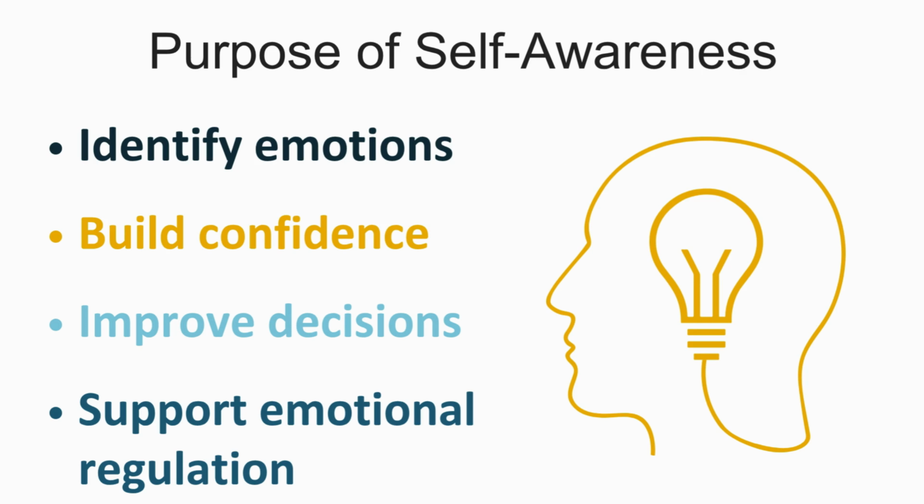So what's the purpose of it? You're able to identify emotions, build confidence, and by doing that, you improve your decision making and support emotional regulation. There has been an uptick in the emotional imbalance in classrooms, an increase in students acting out.